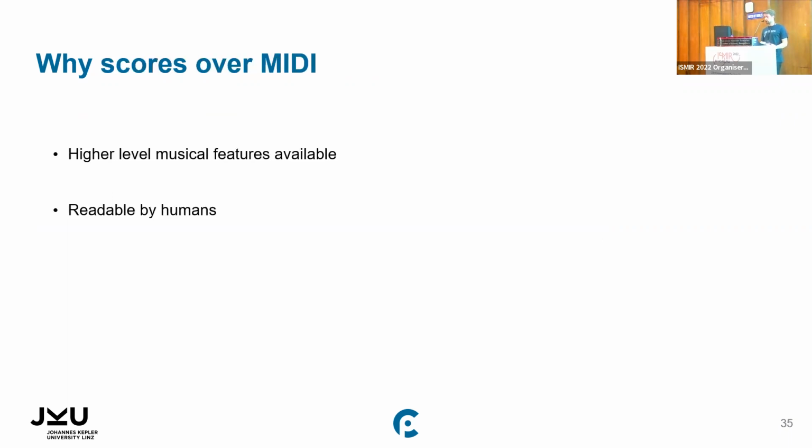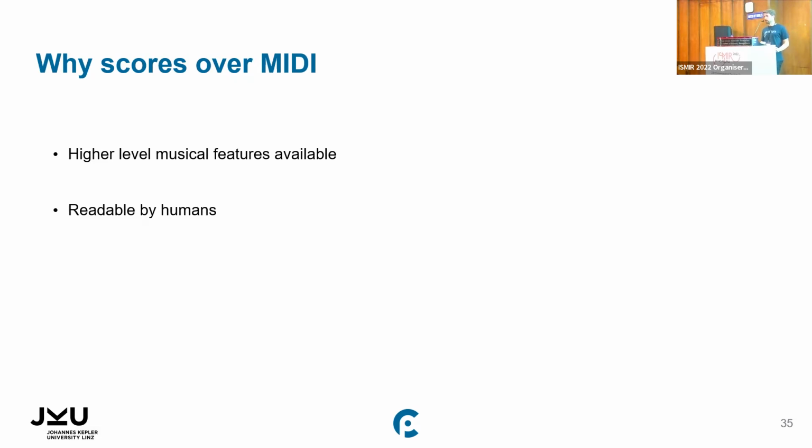Also, more people in the community are using MIDI files over scores, and that's very understandable, because musical scores have been very hard historically to deal with. There are some packages, like the one we're proposing and others that I will show you later, that help a bit, but it's usually complex to extract meaningful information. So people usually just try to skip it.